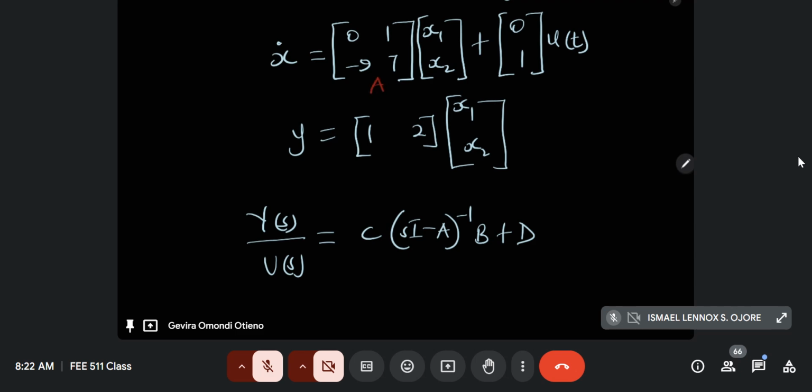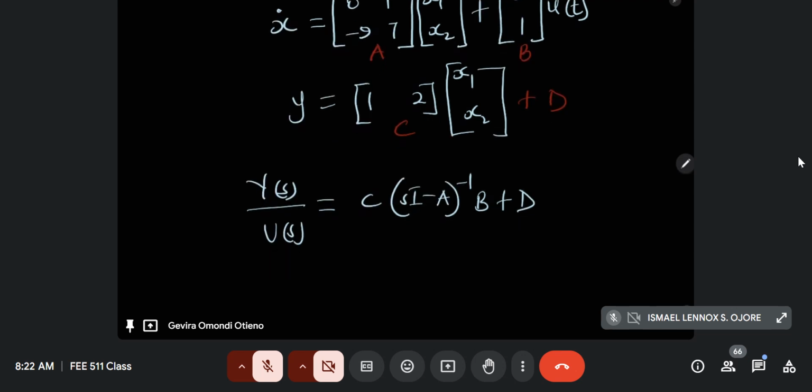This is A, this is B, AX plus B, and this is C. And of course, usually there's a plus D here. Okay? So from here, you can tell that A equals 0, 1, minus 9, 7.